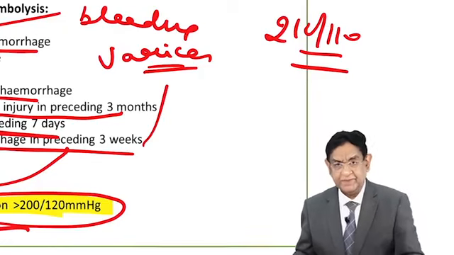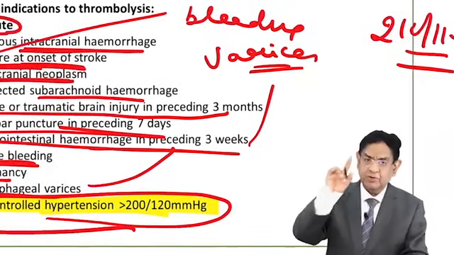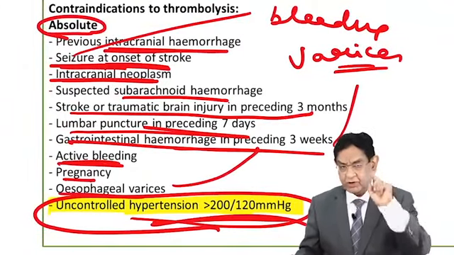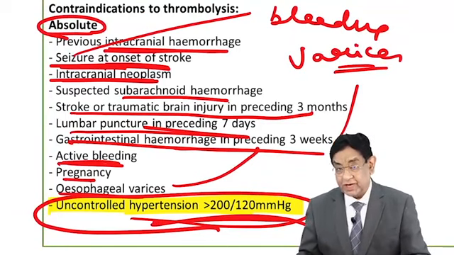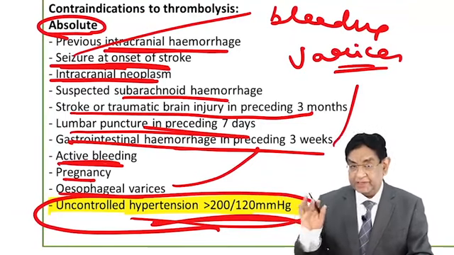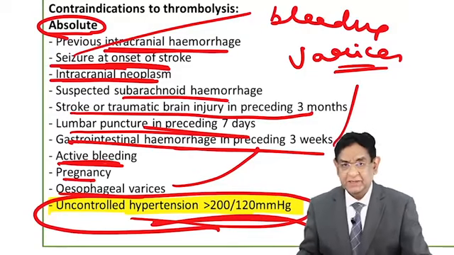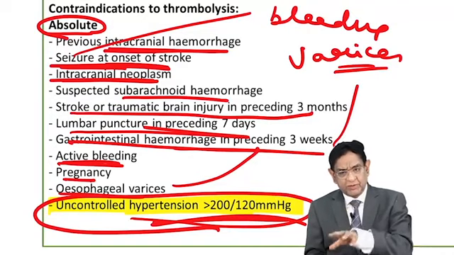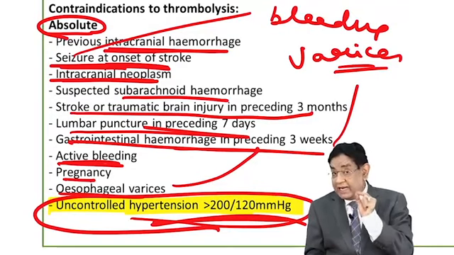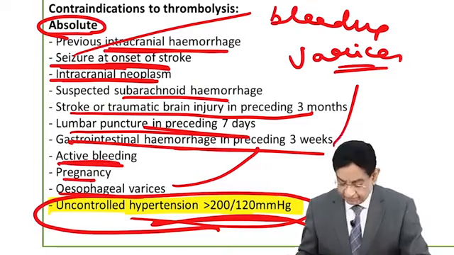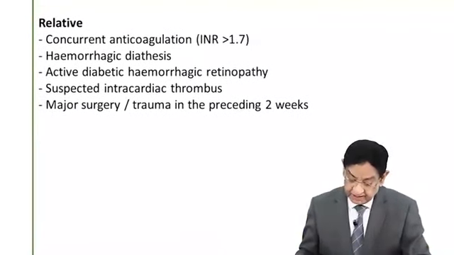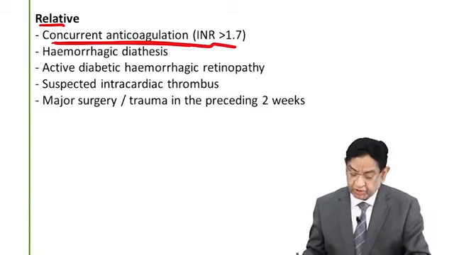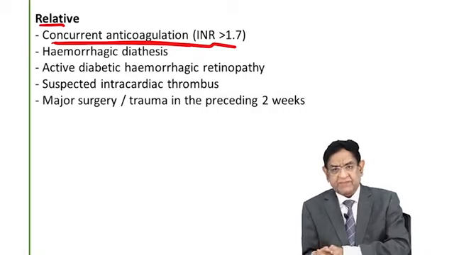I told you the only exception: if the BP is very, very high, then you cannot do thrombolysis. So now you have to reduce the BP a little before you thrombolyze. But if you don't plan to do thrombolysis in the same patient, then you will not touch it, unless there is encephalopathy.